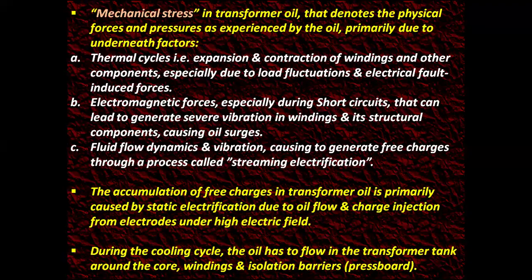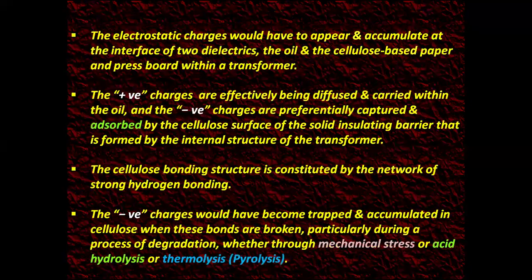During the cooling cycle, the oil flows in the transformer tank around the core, windings, and isolation barriers, that is, paper pressboard. The electrostatic charges appear and accumulate at the interface of two dielectrics, the oil and the cellulose based paper and pressboard within a transformer.